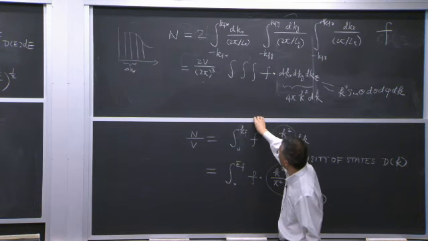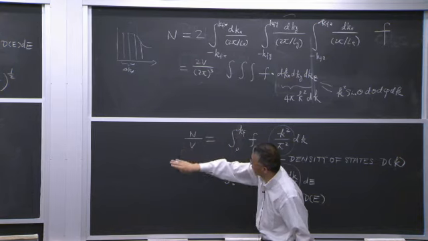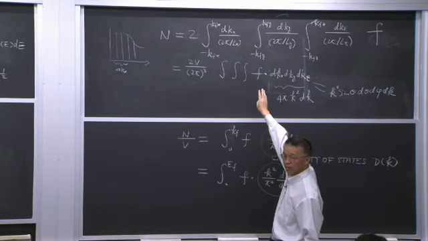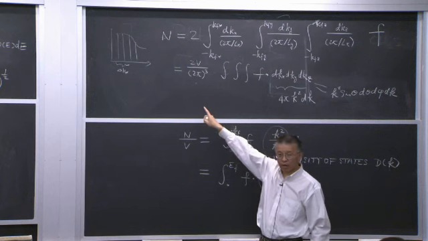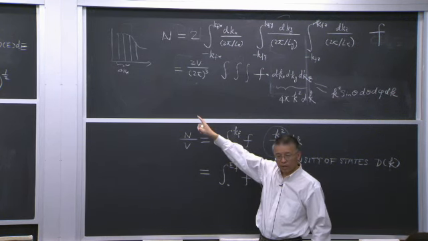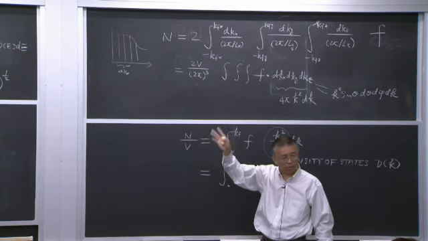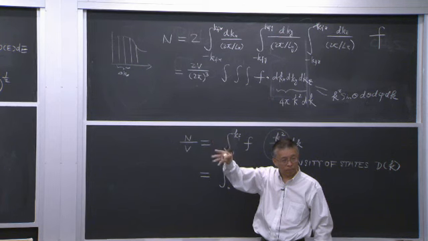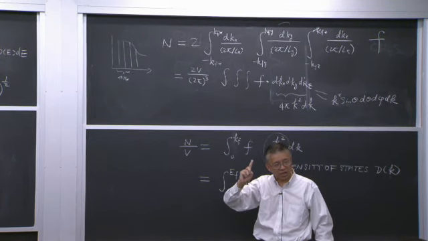So I convert that summation into integration, the same. But that factor of 2, which is spin for electron, needs to become a factor of 3 because in the Debye model I have 3 polarizations for each kx, ky, kz.